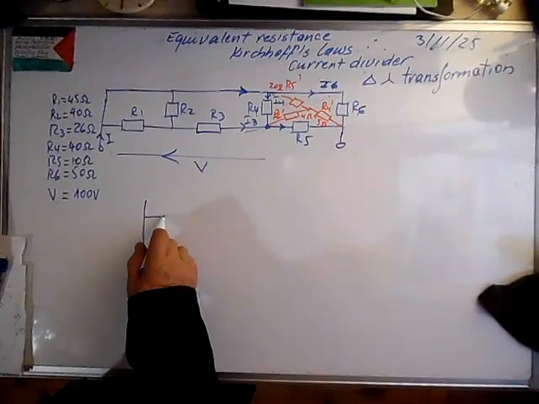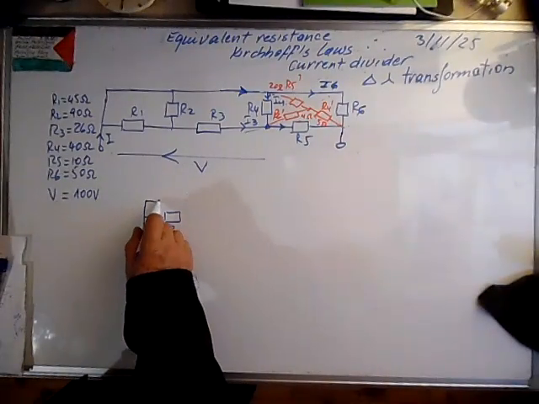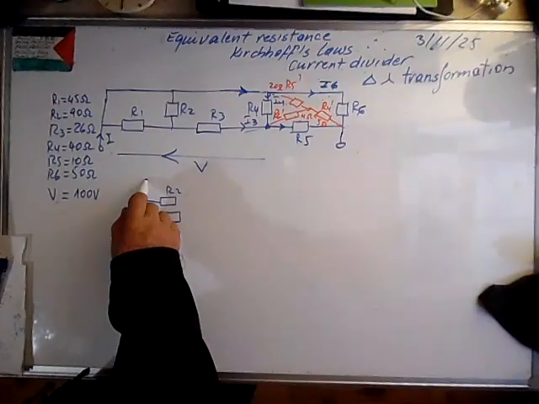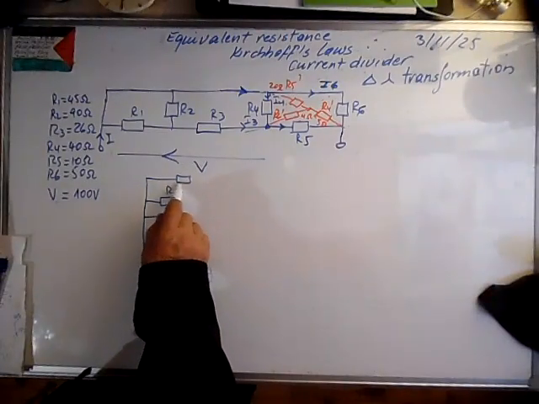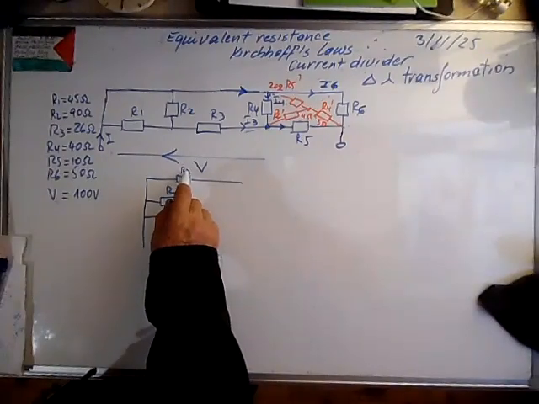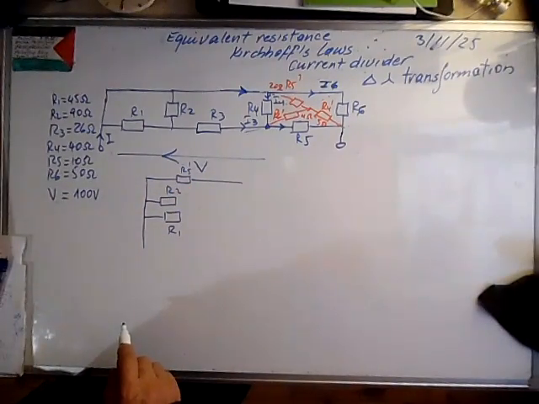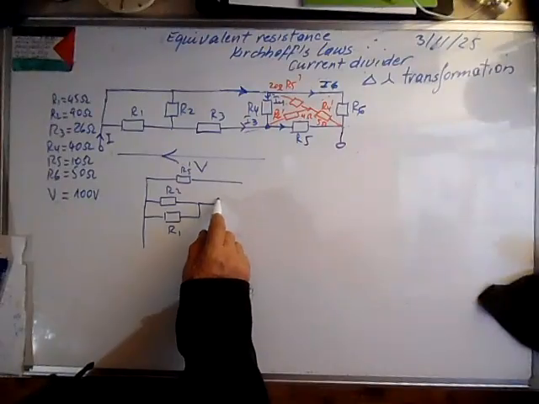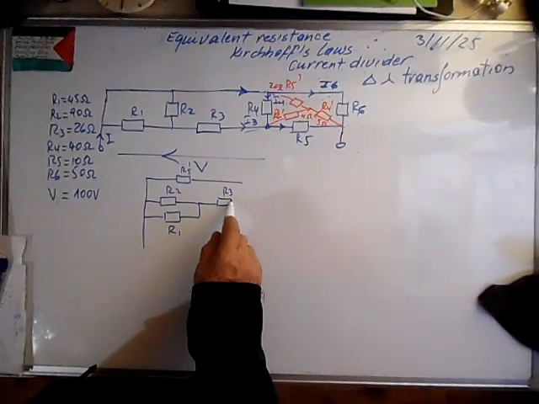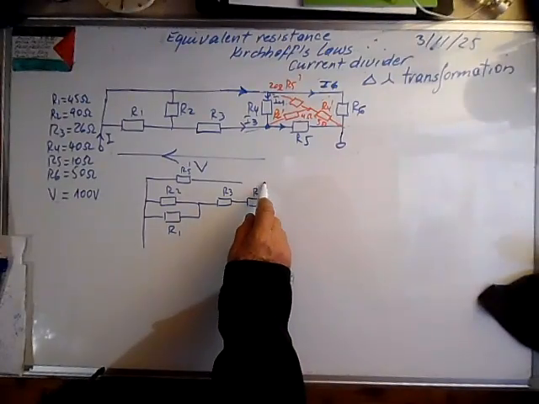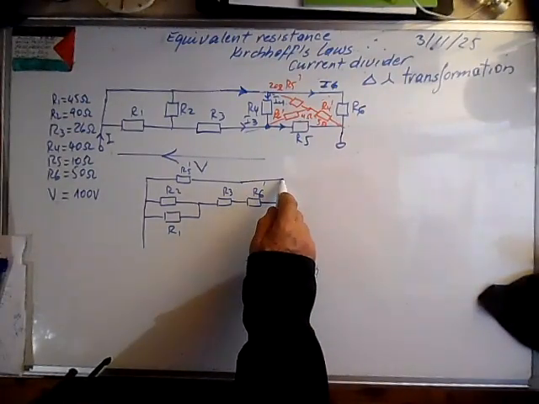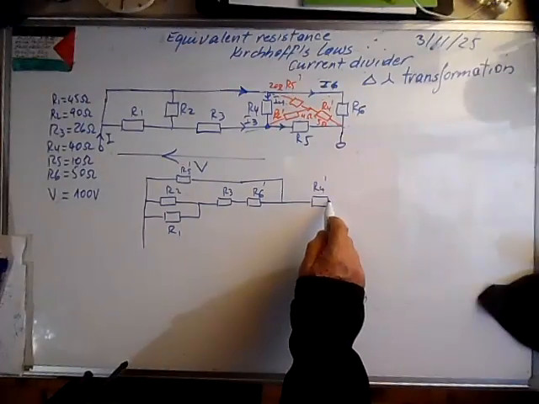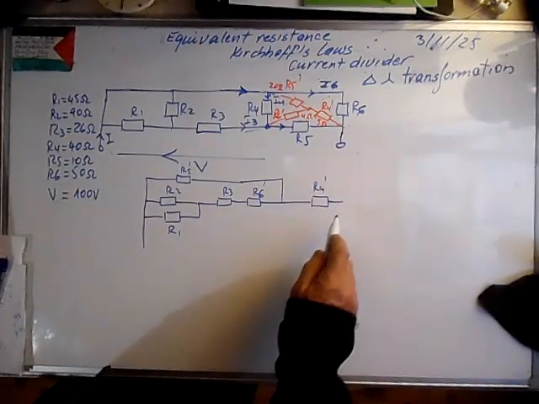So we have R1, we have R2, we have here R5 prime, R6 prime, R3, and R6 prime, and later we will have R4 prime.